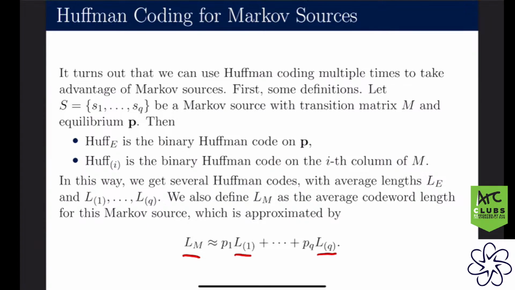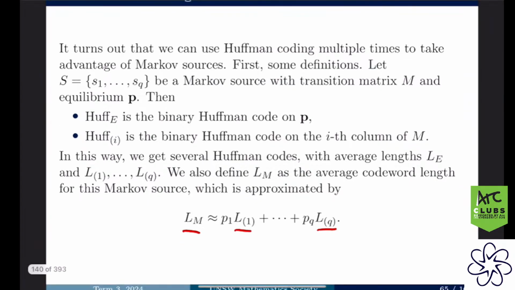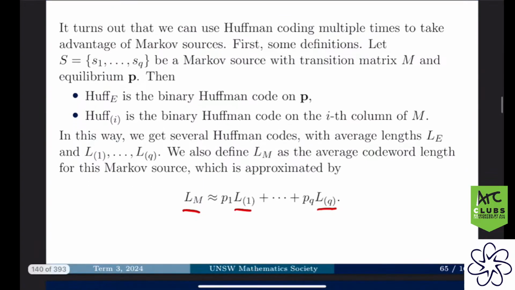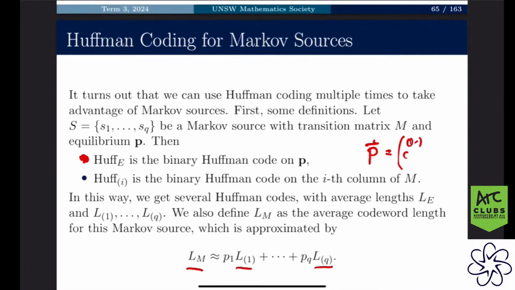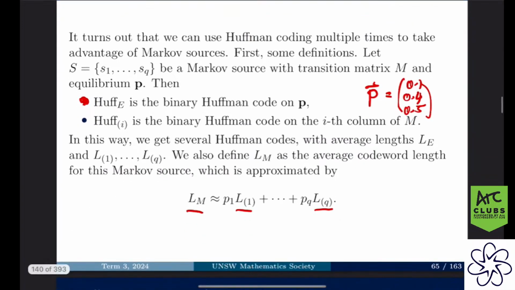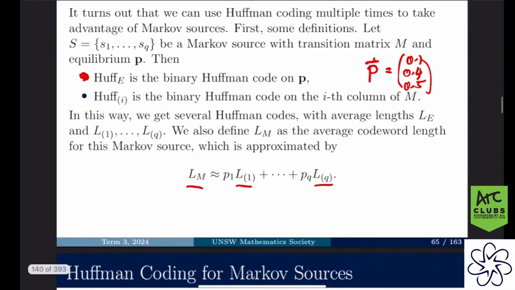Turns out we can take advantage of Markov sources. Let S1 through SQ be a Markov source with transition matrix M and equilibrium P. Then Huff E is the binary Huffman algorithm applied to the vector P. So above, if we had 0.1, 0.4, 0.5, then we would apply the Huffman algorithm onto those probabilities, and that would be Huff E. And Huff I is just applying the Huffman algorithm onto the columns of our transition matrix.